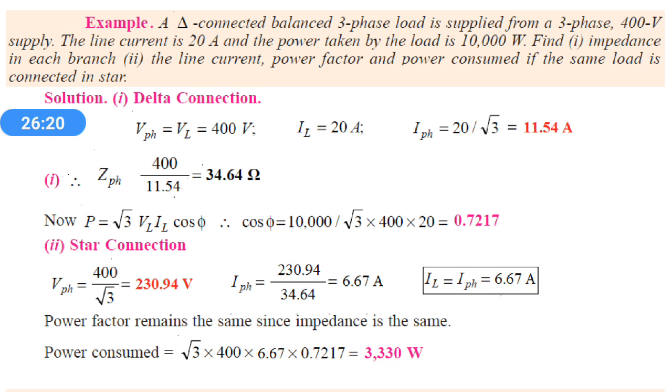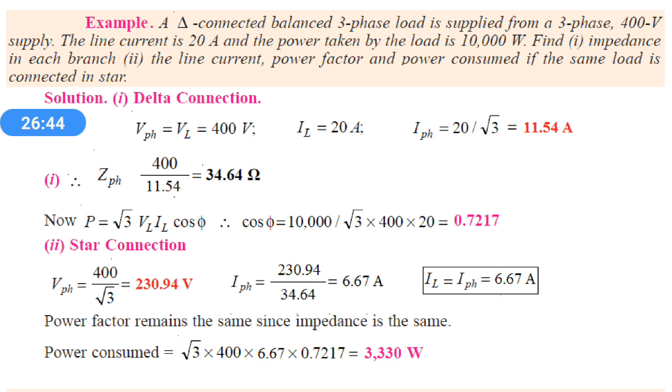Next, the load is connected in star. So now the values are changing. So V phase equal to VL by root 3. So VL is given, the line voltage is 400. So 400 by root 3 means 230.94. That is V phase value. So I phase equal to V phase by Z phase.